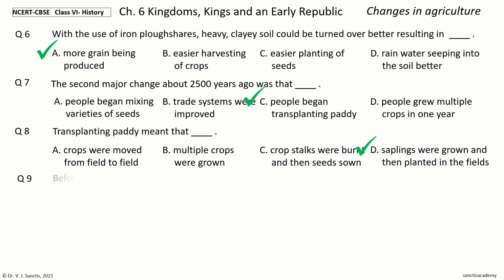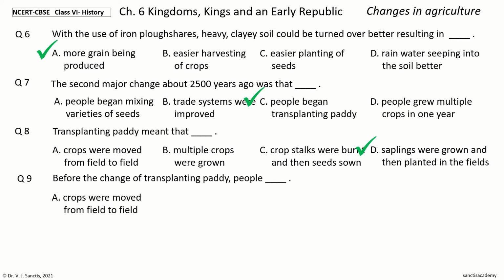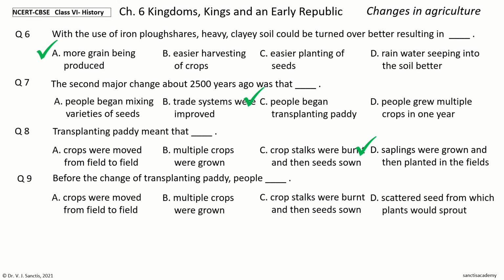Question 9. Before the change of transplanting paddy, people dash. The options are crops were moved from field to field, multiple crops were grown, crop stalks were burnt and then seeds sown, scattered seed from which plants would sprout.